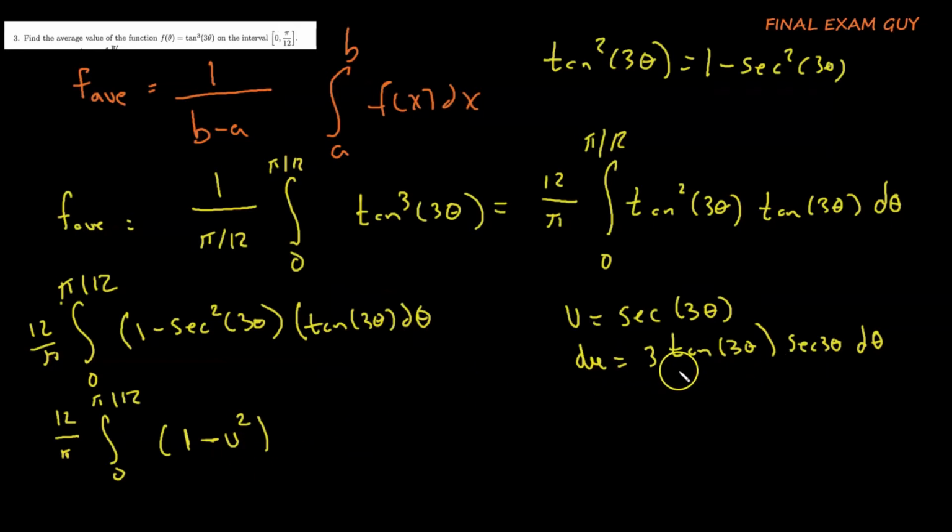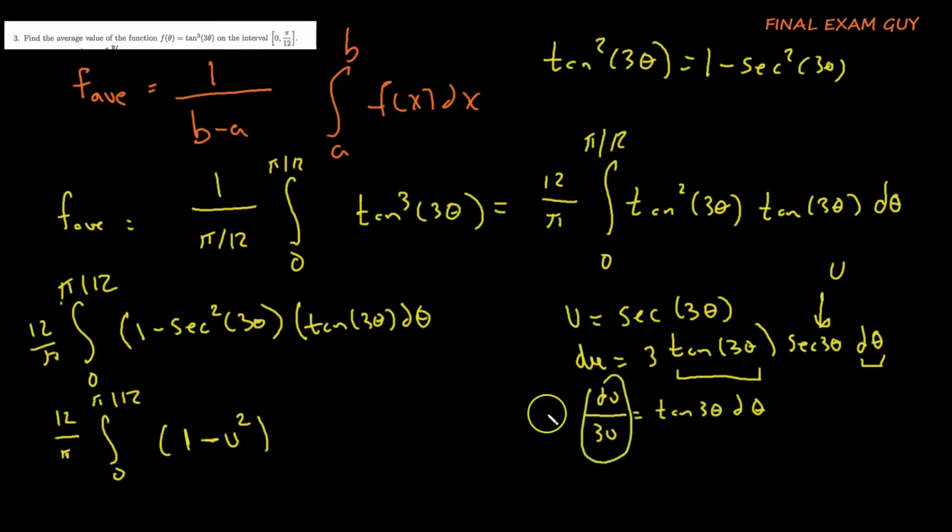I do have it here, tan 3 theta d theta. If I isolate it, and we declared that this was u from the line above, I have du over 3u is equal to tan 3 theta d theta. And that's exactly what I can plug in here. So du over 3u.